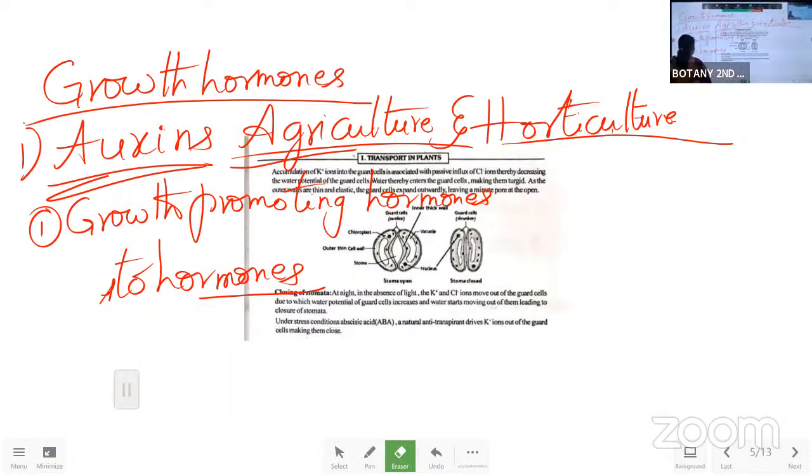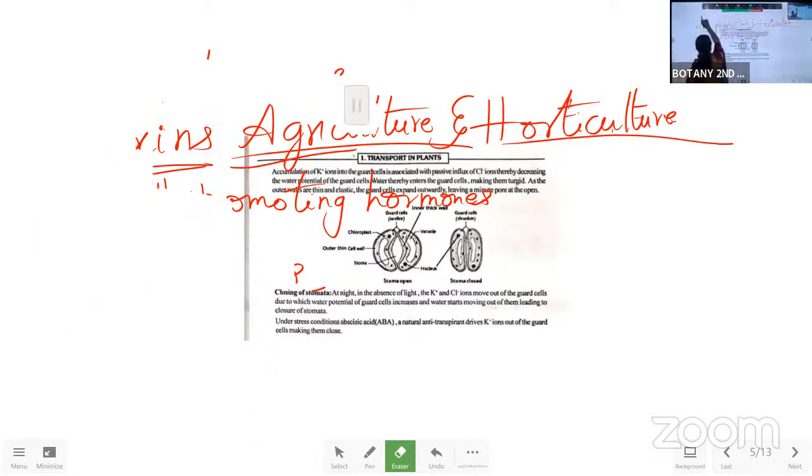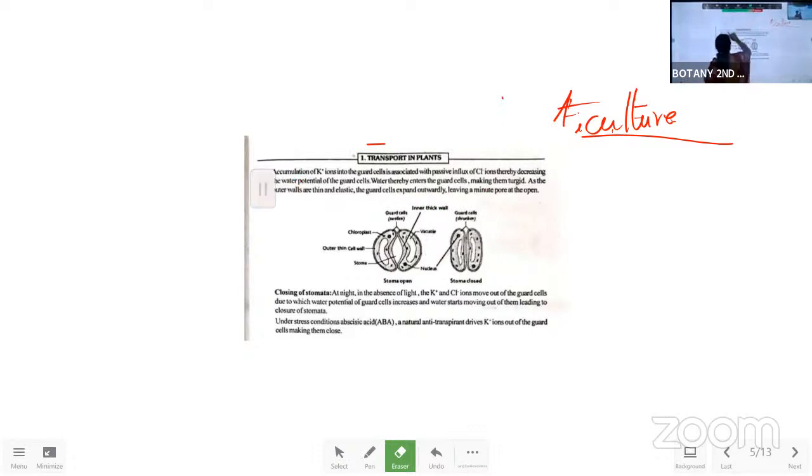It elongates the internodal length. Internodal length will be increased. The third point with the auxin says internodal length is going to be increased.